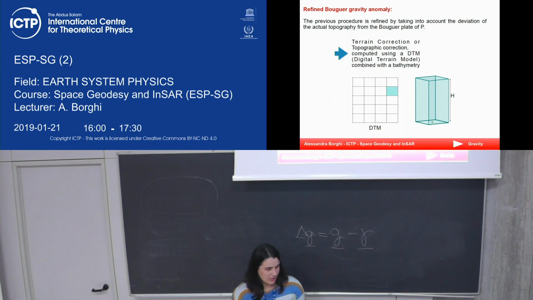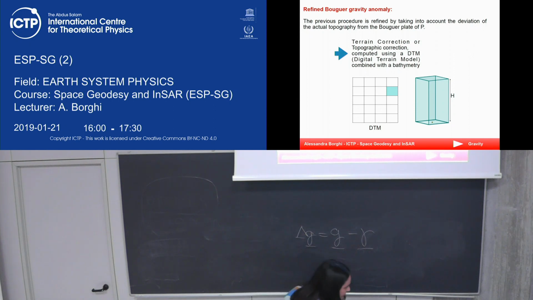But we use this digital terrain model also for computation, because it's a discretization of the surface. So if I know a digital terrain model, we are going to see that it is one of the most important products of an important SAR mission. We are going to see this in this lesson.